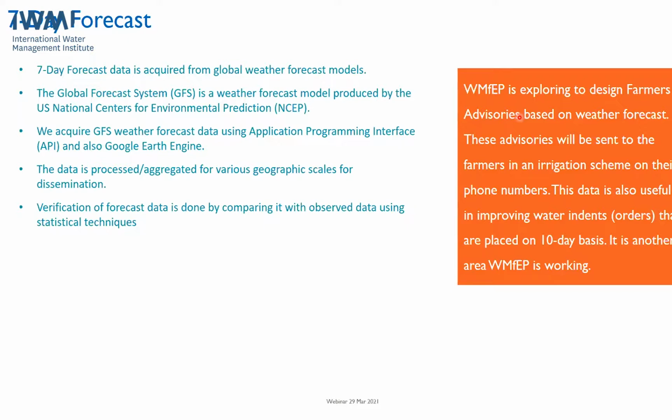Then we are making it a next generation advisory service where we'll be able to send the data automatically to the farmers about the weather forecast, and also the irrigation departments could send these advisories for water ordering to WAPDA and other controlling agencies in the river basin. So this work is particularly the focus of WMFP activities.